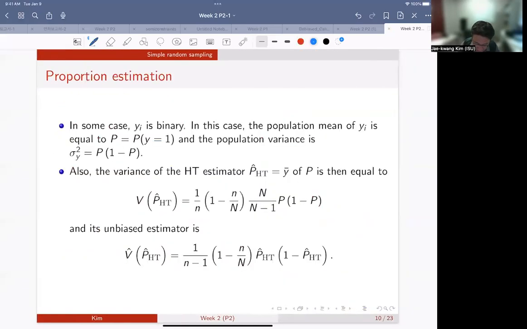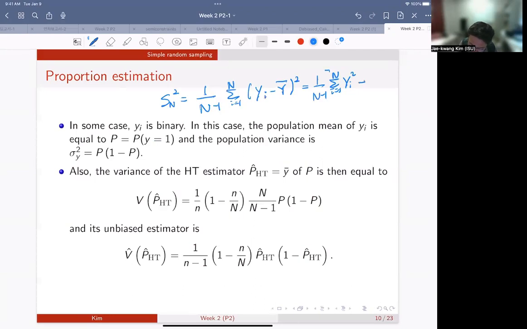So now let's move on to proportion estimation. Binary. So in the case of binary y, you have your y_i, which can be written as y_i squared, which is y_i, right?